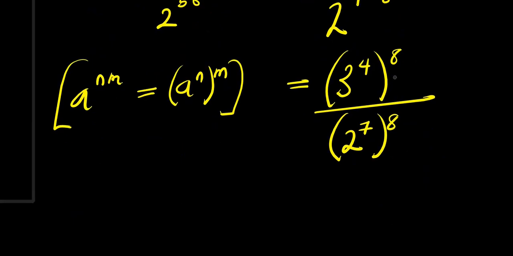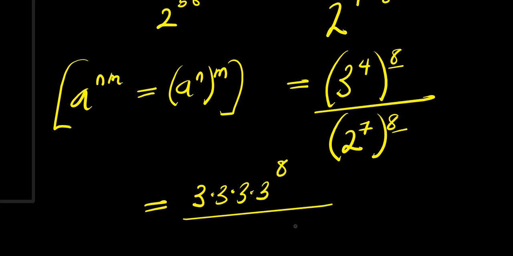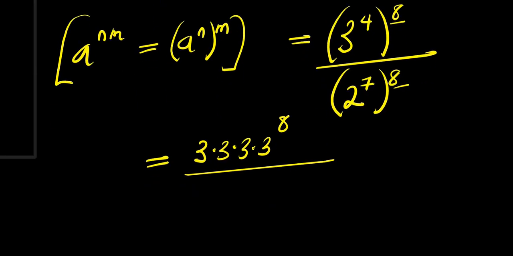Now we want the exponents to be the same. From here we have 3 power 4, that is 3 times 3 times 3 times 3, and this is raised to the power of 8, divided by 2 power 7, that is 2 times 2 times 2, 2 times 2 times 2, 2, and that is 1, 2, 3, 4, 5, 6, 7, raised to the power of 8.